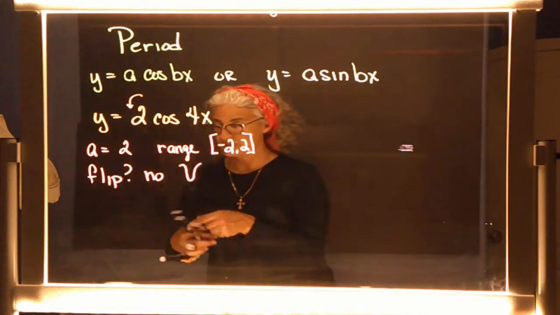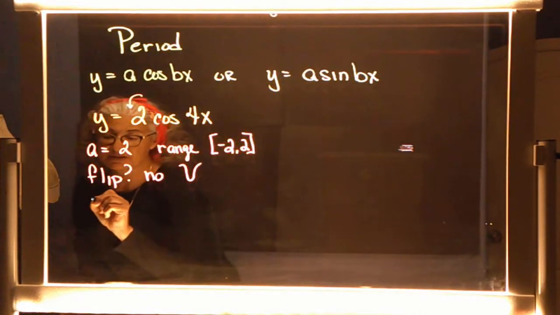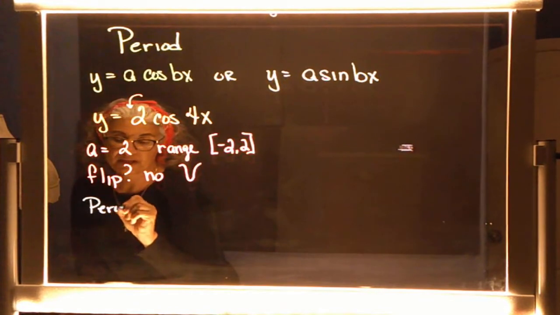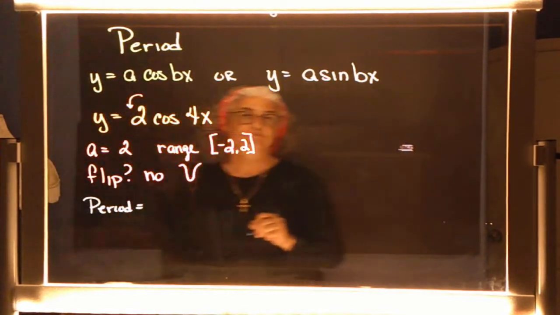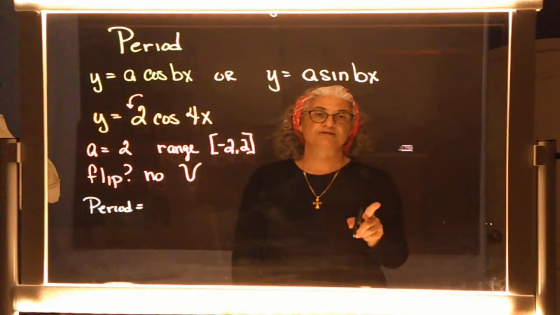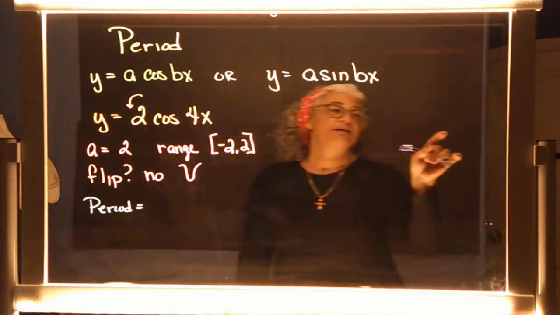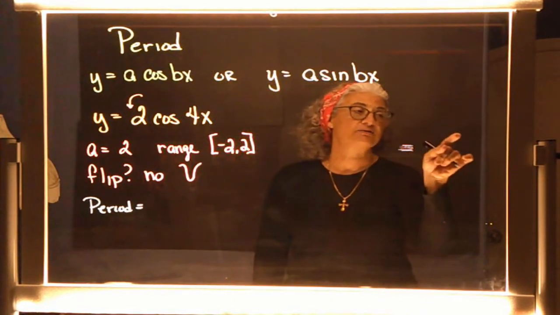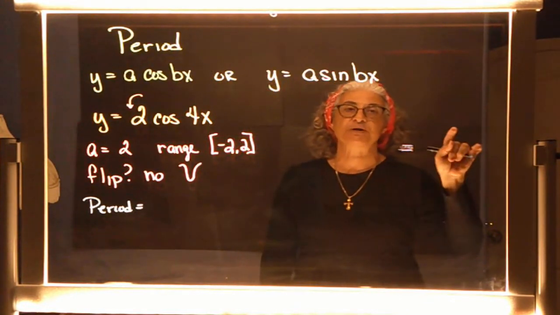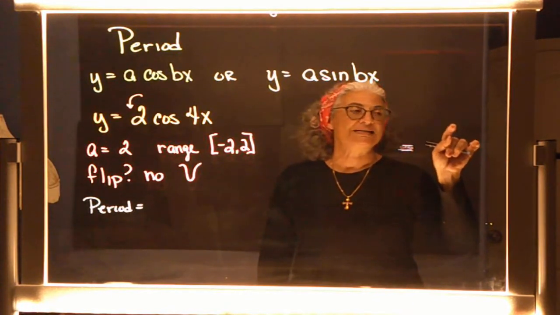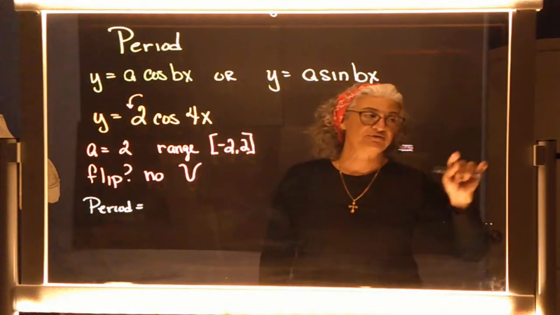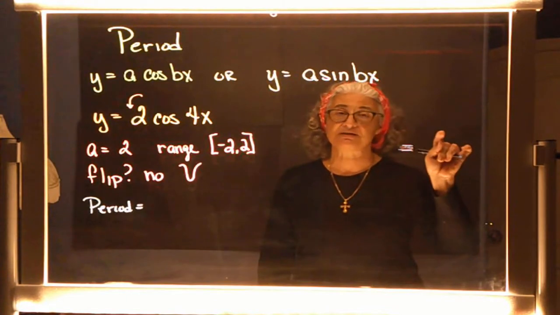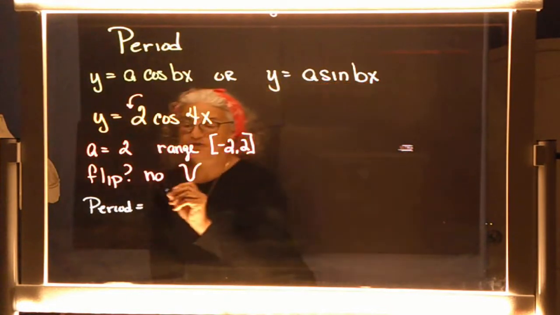And the new question to ask ourselves is the period. Well, here's how you're going to find the period. Remember what we mentioned. The period is, in radians, 1 full revolution around the circle. In a typical circle, 1 full revolution is how many radians? Good, 2 pi.